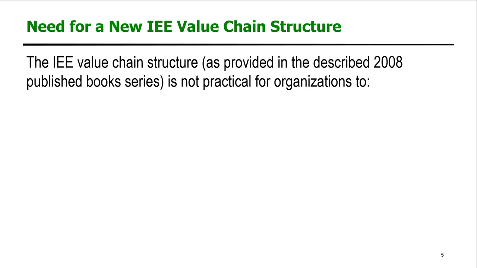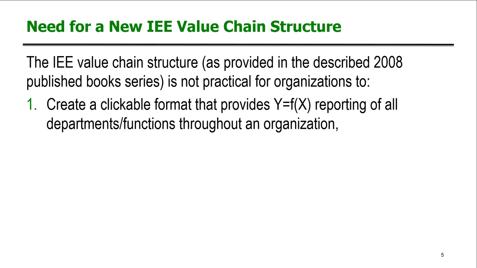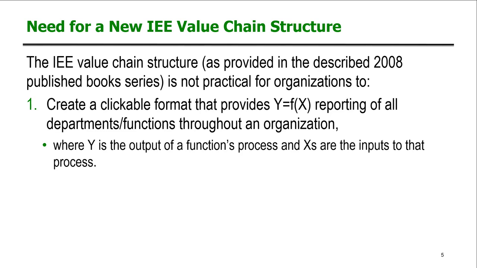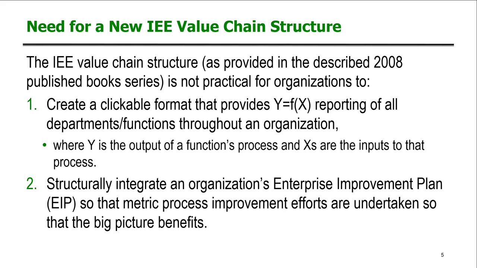The IEE value chain structure as provided in these books is not practical for organizations to: 1. Create a clickable format that provides Y equals function X reporting of all departments and functions throughout an organization, where Y is the output of a function's process and X's are the inputs to that process. 2. Structurally integrate an organization's Enterprise Improvement Plan, EIP, so that metric process improvement efforts are undertaken so that the big picture benefits.